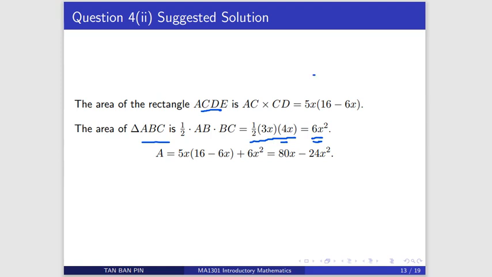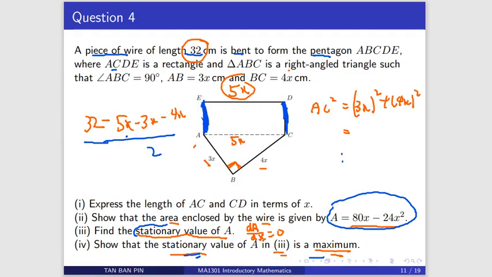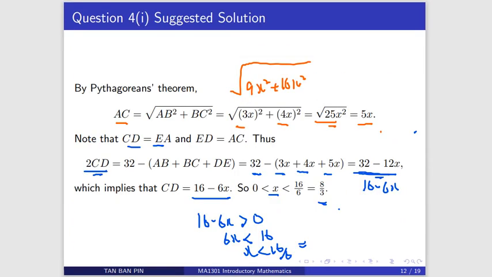Let's go back to the figure. So this is 5x, this is 5x, right? And this side, we just worked out, is 16 minus 6x.